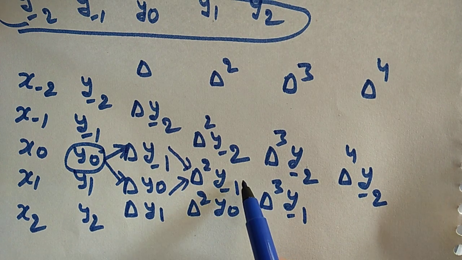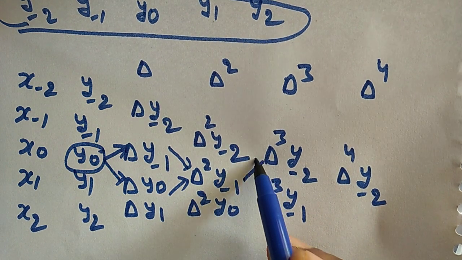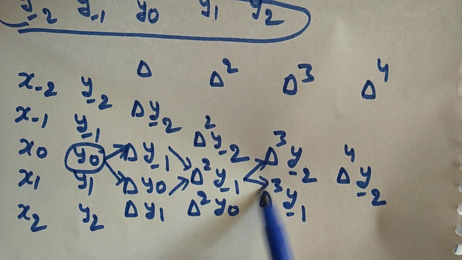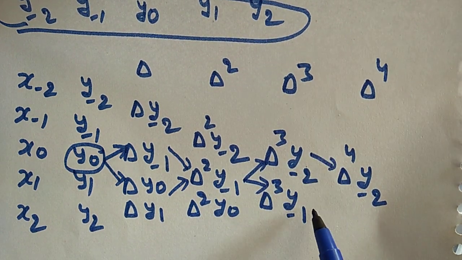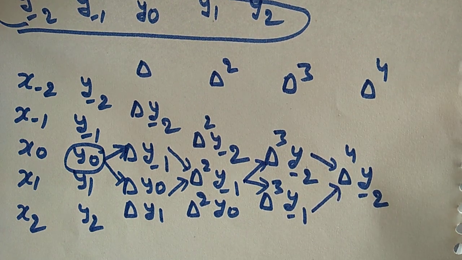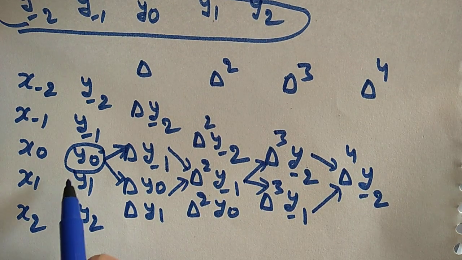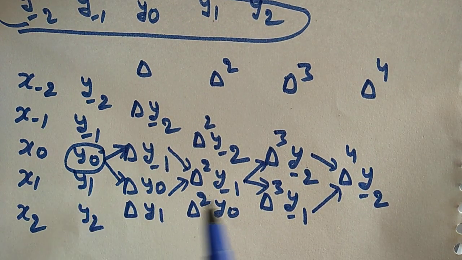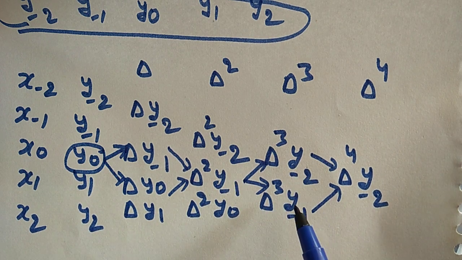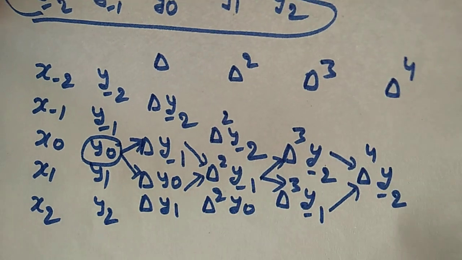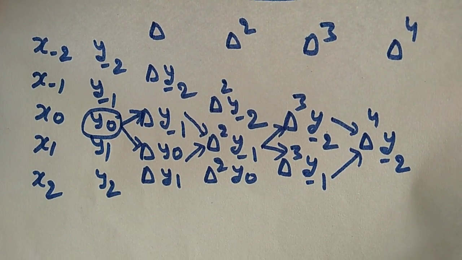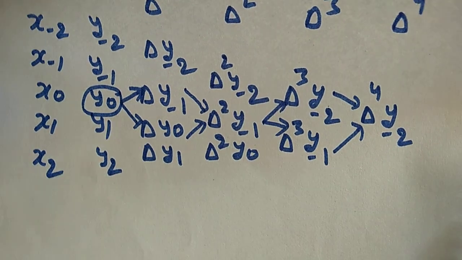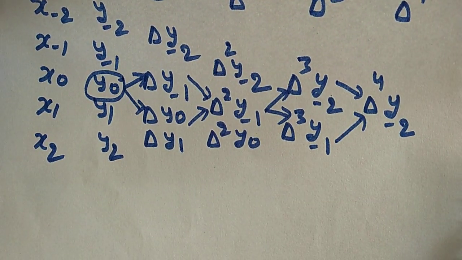Then again the next term is the average of these two terms. Then again we have this last term. So this is the way: first the average of these two terms, again a single term, again the average of two terms, again a single term, like that. So this is the arrow notation for the Stirling formula.